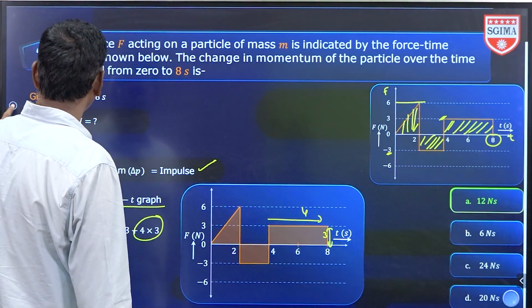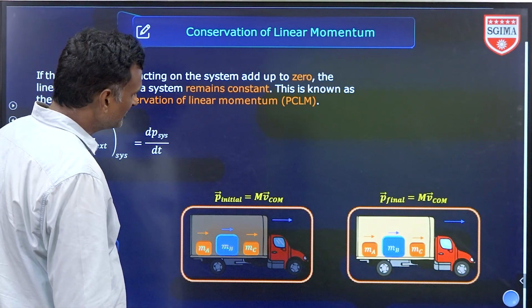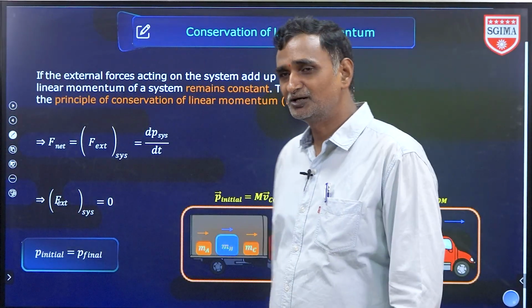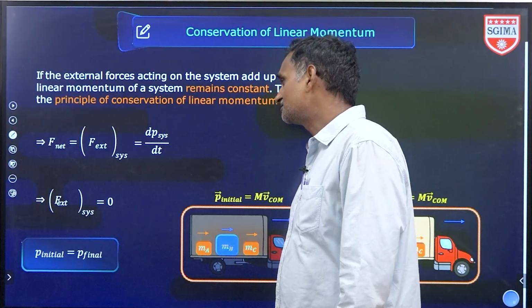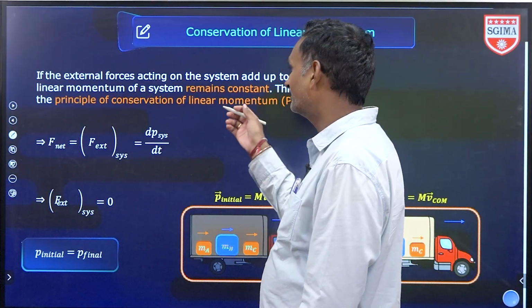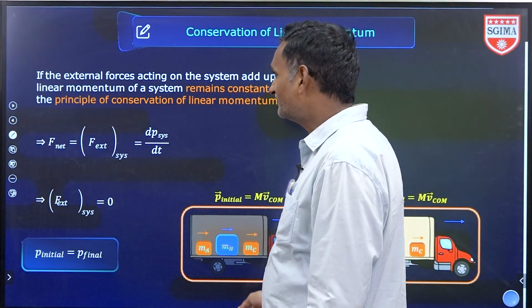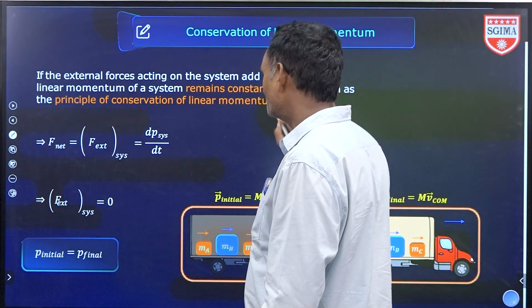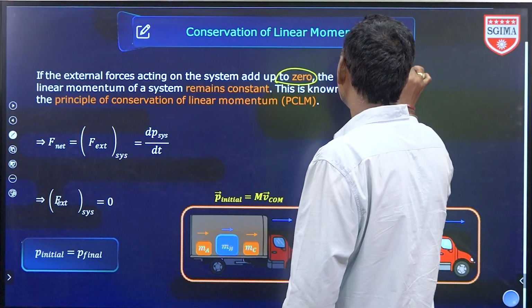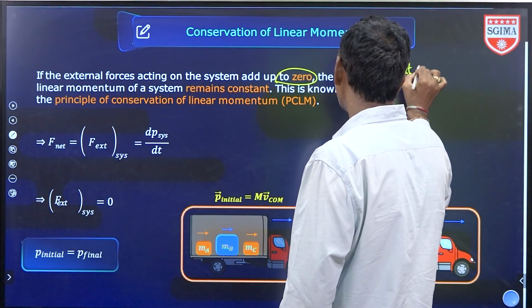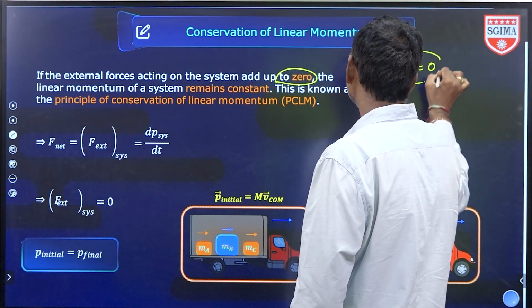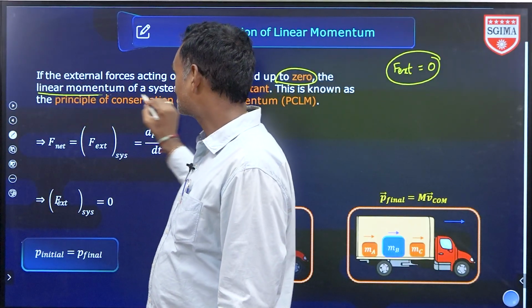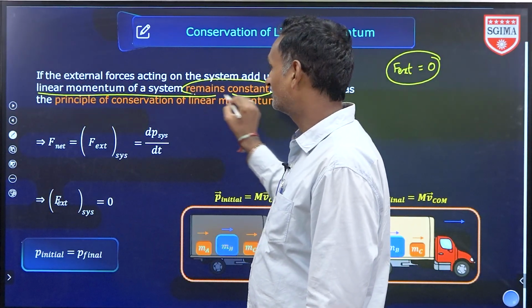Let us move on to the next part. Conservation of linear momentum. How can we define it and what is the concept? If the external forces acting on the system add up to 0, which is, if there is no external force acting on the system, then the linear momentum of the system remains constant.